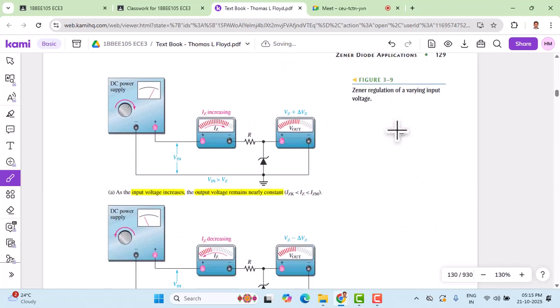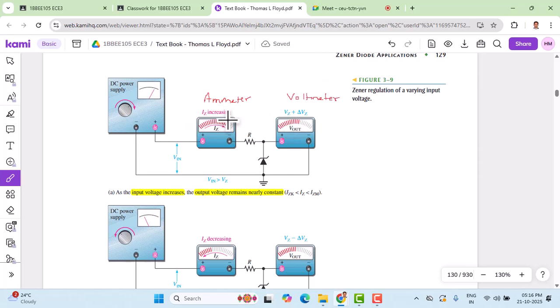This is figure 3.9, and as you can see, here we have an experimental setup, which contains a DC power supply, and this is the input voltage Vin, which is varying. Here we have an ammeter, which measures current, and here we have a voltmeter, which measures voltage.